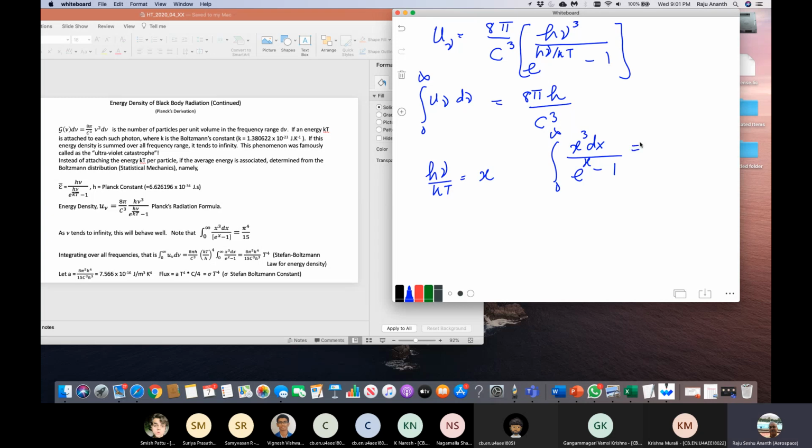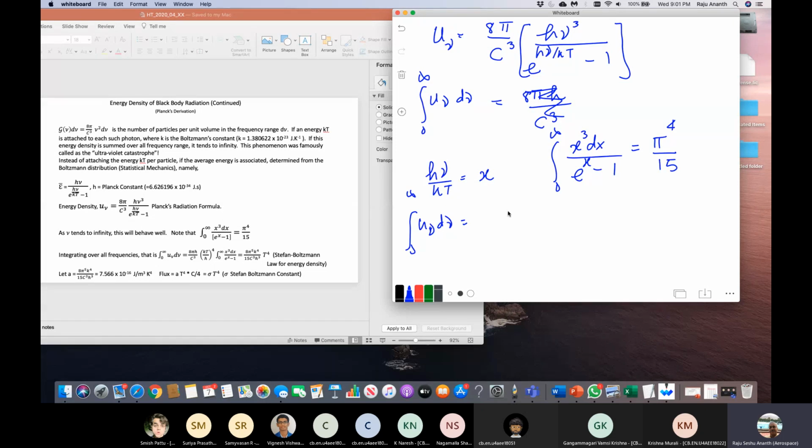And this is very classic, very well known from Fourier series and stuff like that. This is pi to the fourth over 15. So I can convert everything into this. So how do I write this integral of u nu d nu? Now I'm just integrating the whole energy contained in the spectrum.